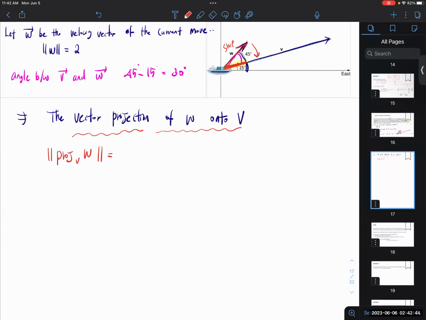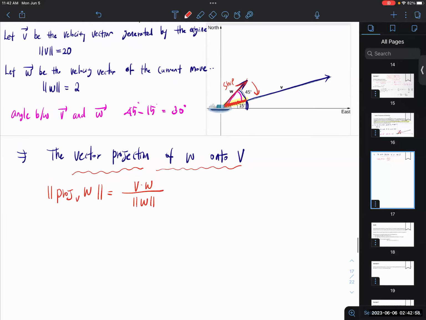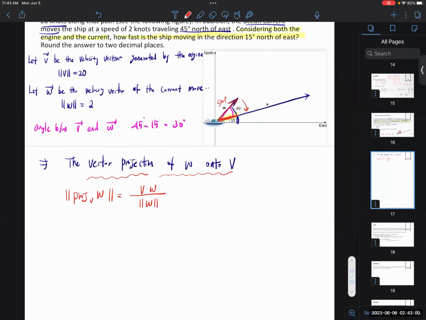V times W, the dot product, divided by the magnitude of the vector. So you can set it up, right? And then we know pretty much all the information.